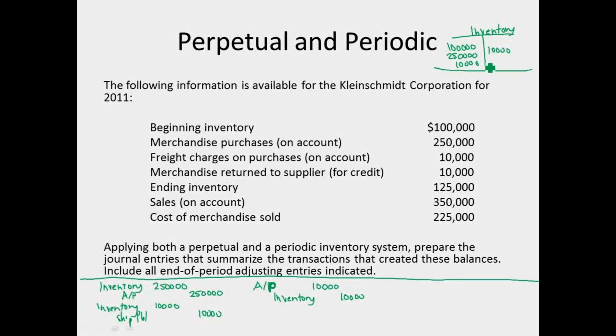Now, according to this, my ending inventory is 125. If I add up 100 and 250 and 10, and then subtract 10, that would say I have 350. And they're telling me I have 125.